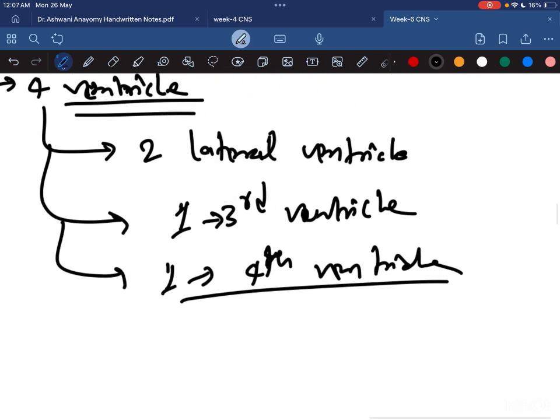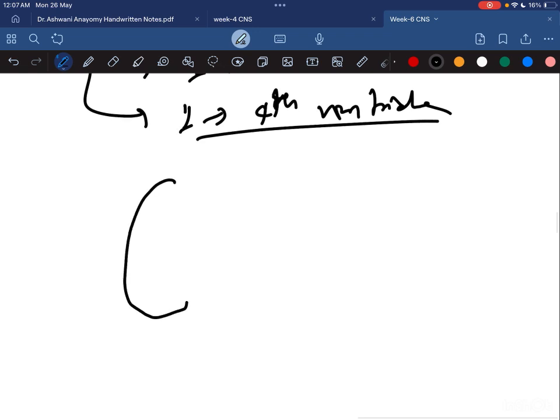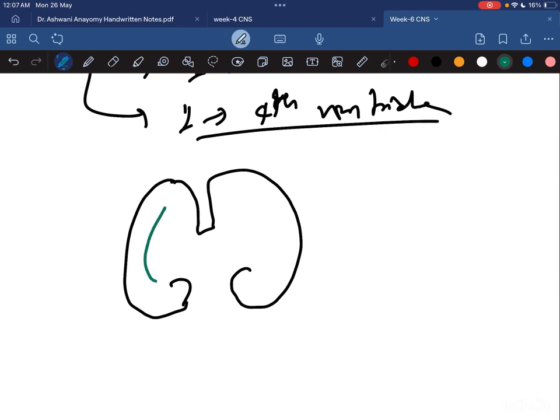For the lateral ventricles, we have two hemispheres, and in between them, these are known as lateral ventricles.